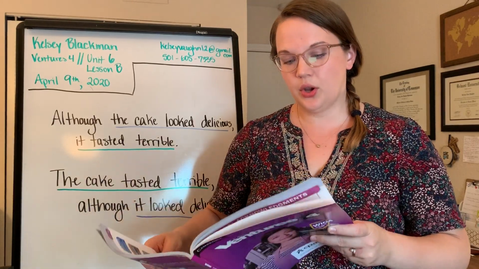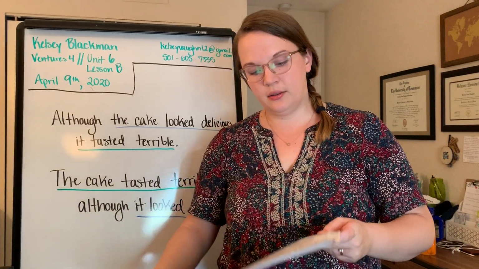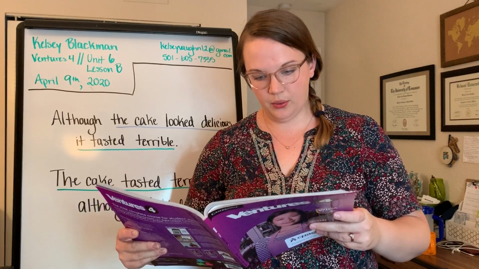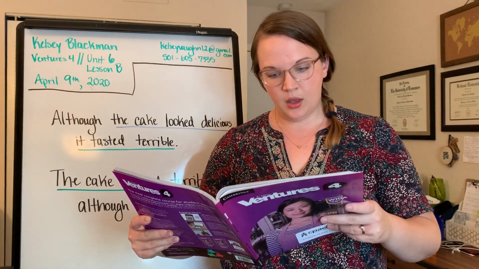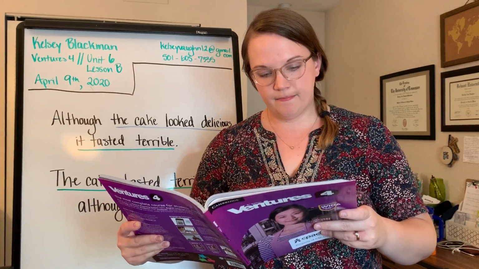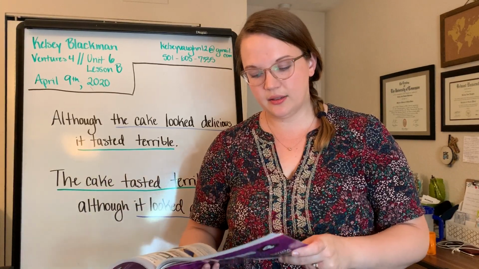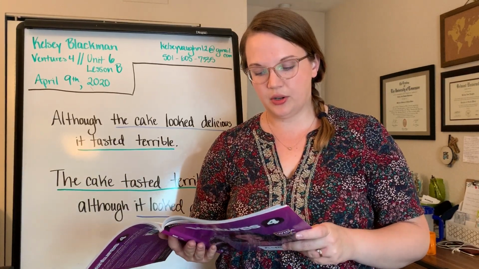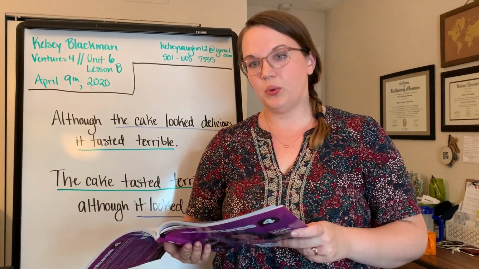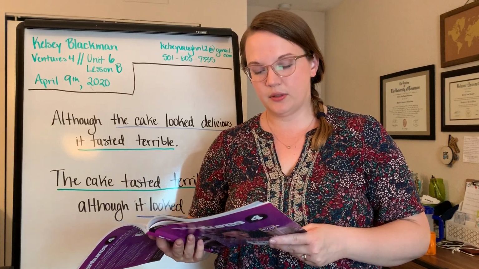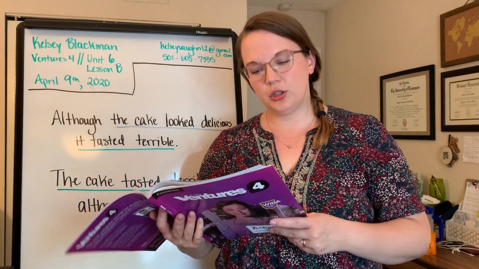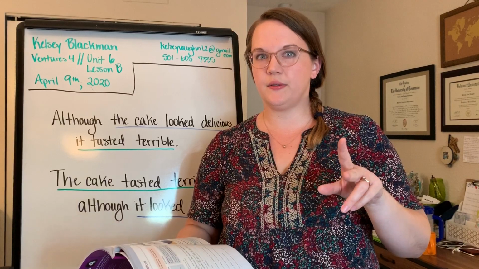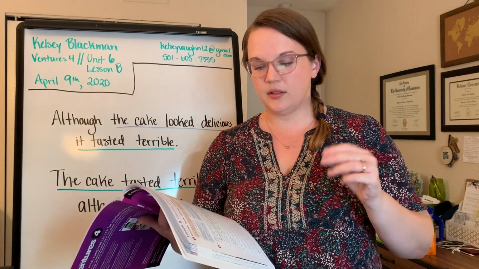Okay, so for number 1, they've already done it for you. It says Mrs. Sanchez can't operate her digital camera. She read the directions many times. Which of those 2 pieces of information is surprising?